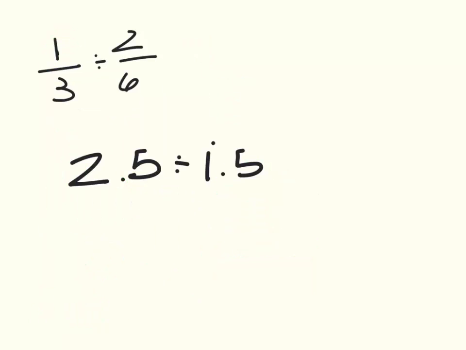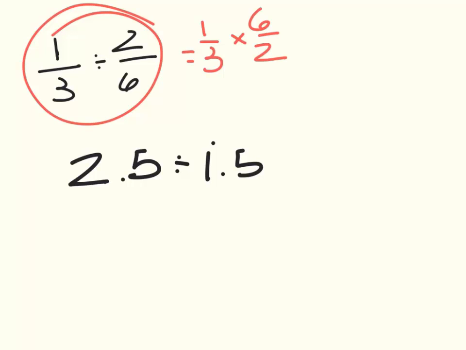All right, now we're going to learn how to divide fractions and decimals. First, let's divide fractions, the equation on the top. When dividing fractions, you're actually multiplying by the reciprocal. That means you take this problem and turn it into this. Great. Now, all you gotta do is multiply.